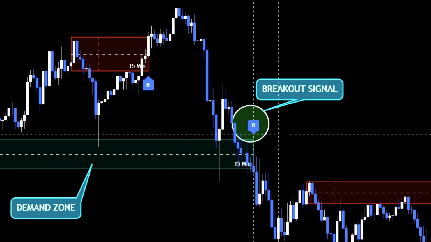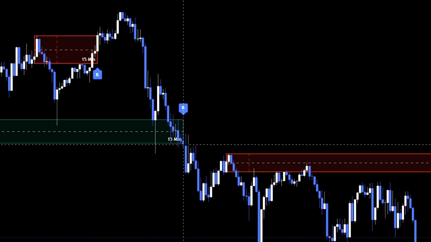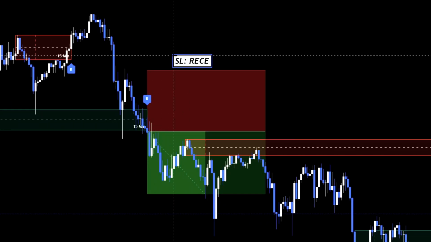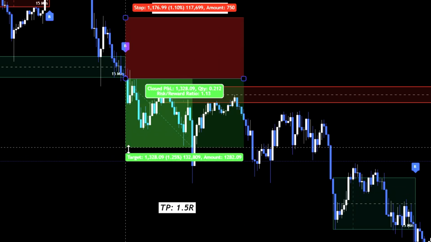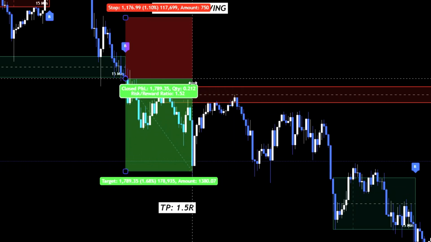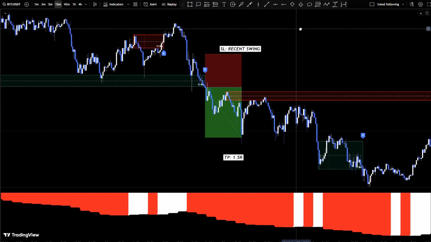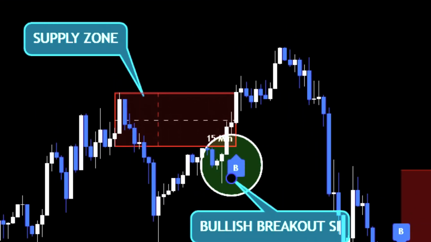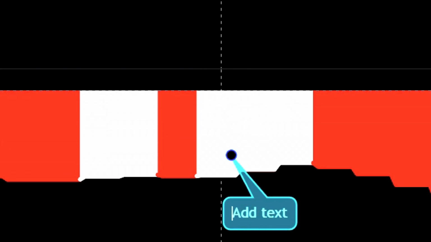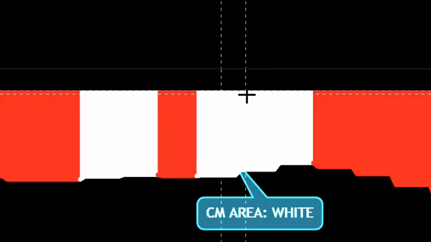Then, set your stop loss just below the recent swing low, and target at least 1.5 R for your take profit. But what if there's a bullish breakout but the CM MACD isn't showing bullish momentum? Simple, skip it. We never trade against the market's underlying trend.